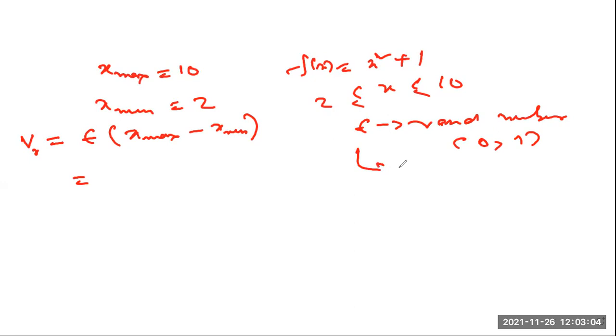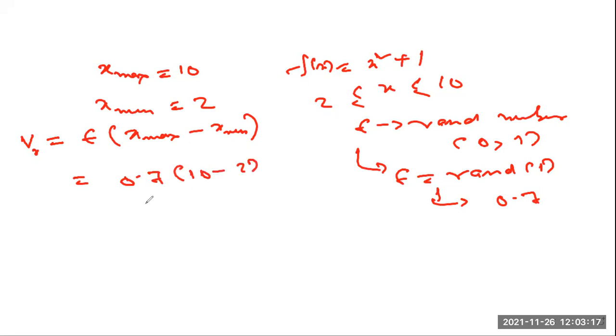For example, if you write epsilon equal to rand(1) in MATLAB, it will give some value, for example 0.7. So 0.7 into (10 minus 2), that is 0.7 into 8, which is 5.6. So you will get all the values of this velocity lying within the range.